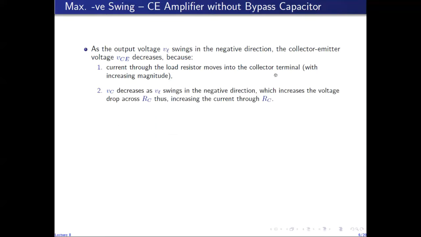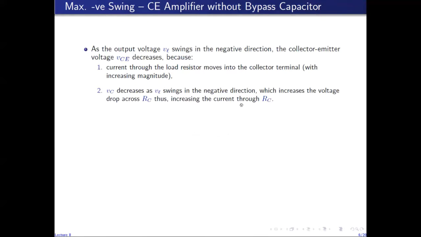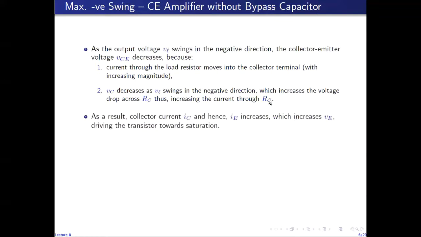Secondly, as VL increases in the negative direction, the AC component of collector voltage increases in the negative direction, which decreases the total collector voltage. In turn, that decreases the voltage drop across RC, increasing the current through RC. Because of this, the collector current increases, which increases the emitter current, which in turn increases the total voltage at the emitter. So the total voltage at the collector is decreasing, the total voltage at the emitter is increasing, so VCE decreases.